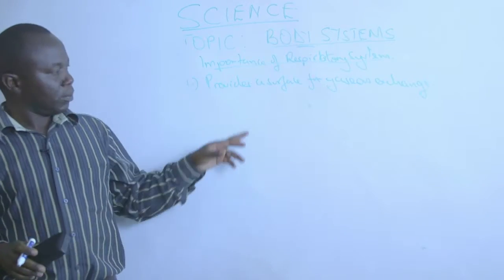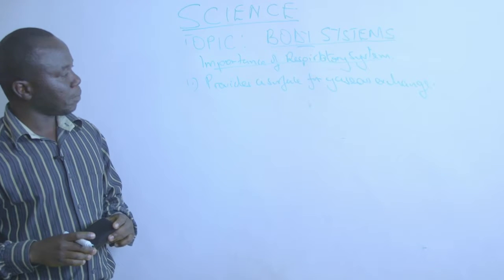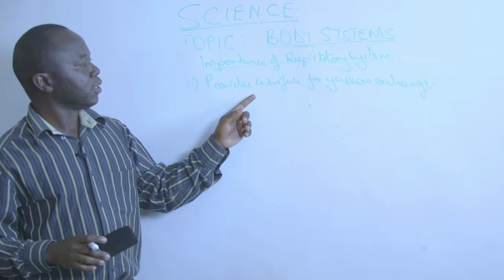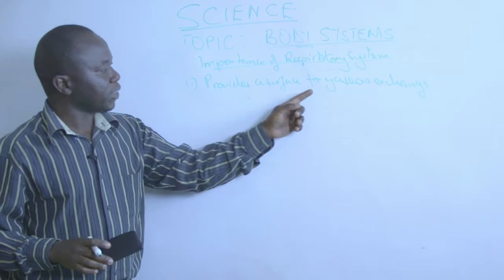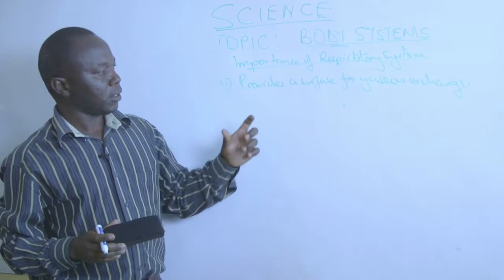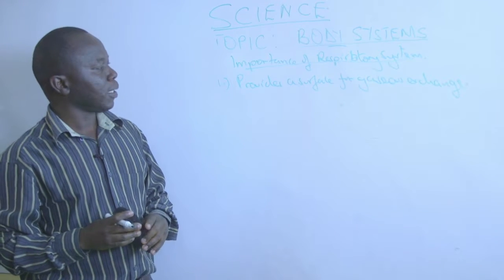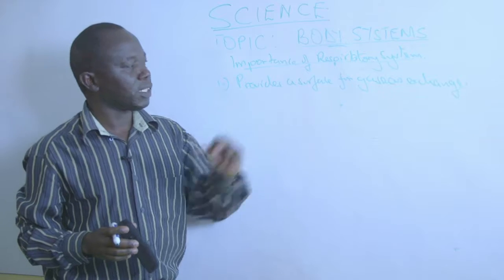Now the question is, we have already looked at the structures that make up the respiratory system. Where do you think this surface is provided? You can think through your photo in the book and tell me. It provides a surface for gaseous exchange.